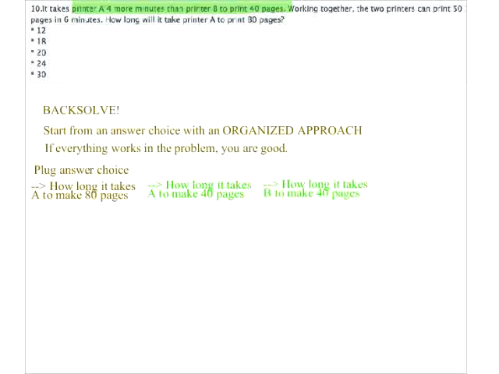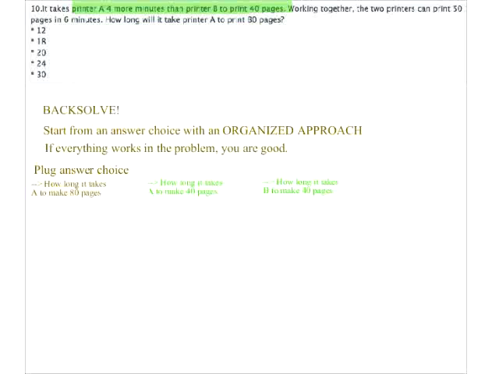Once we have those, we can figure out how long it'll take to make 50 pages.